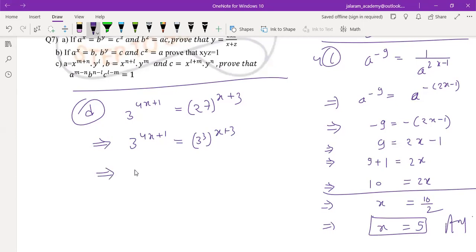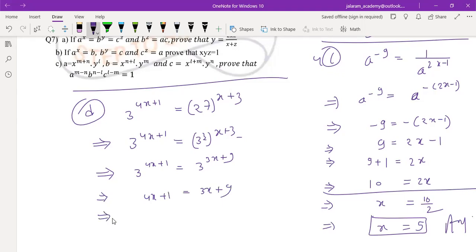It implies that 3^(4x + 1) is equal to 3^(3x + 9). Comparing powers, both sides bases are same.